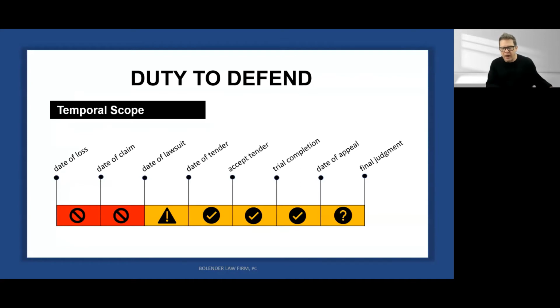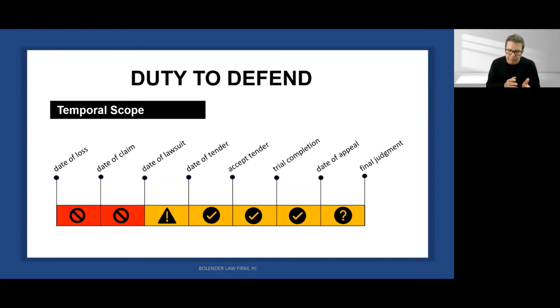Let's talk about when the duty to defend starts and stops. Under a general liability policy, the duty to defend arises as soon as the insurance company receives notice of a lawsuit seeking potentially covered damages.